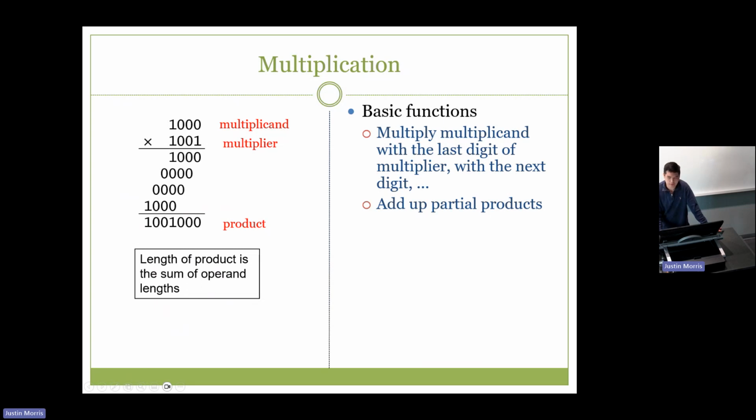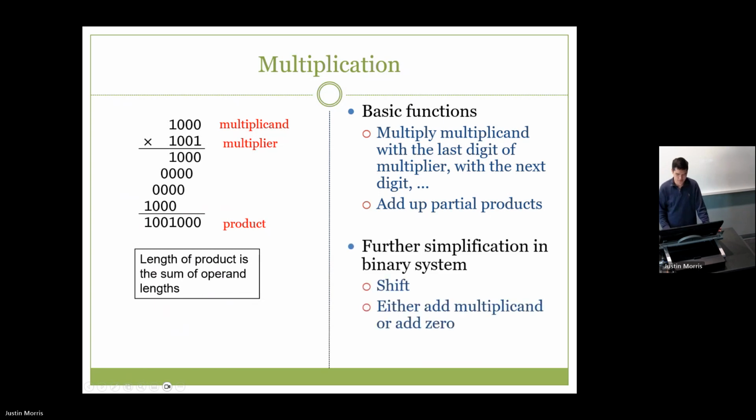That's all we're doing here, right? So this is further simplified in binary because our multiplicand is either going to be added and shifted, or it's just going to be adding a 0. So you do nothing, right?